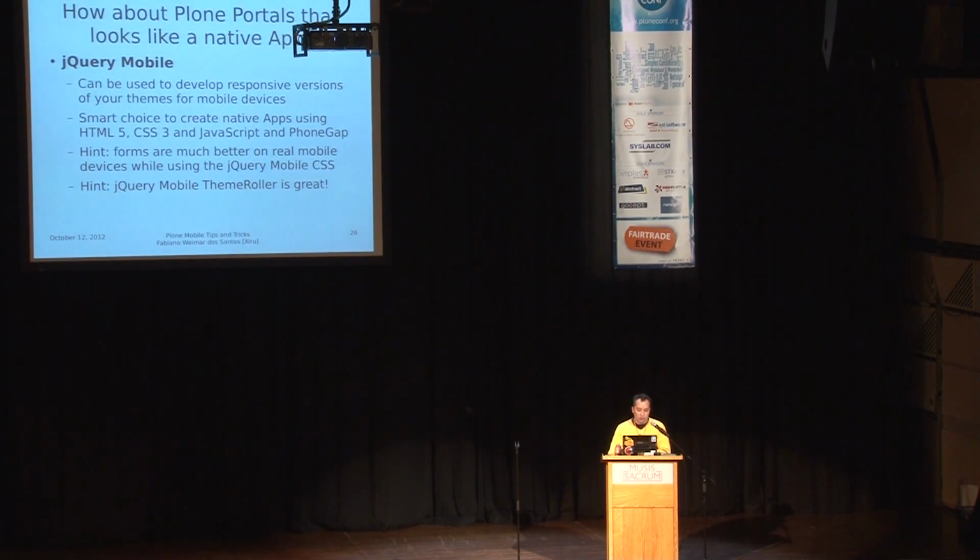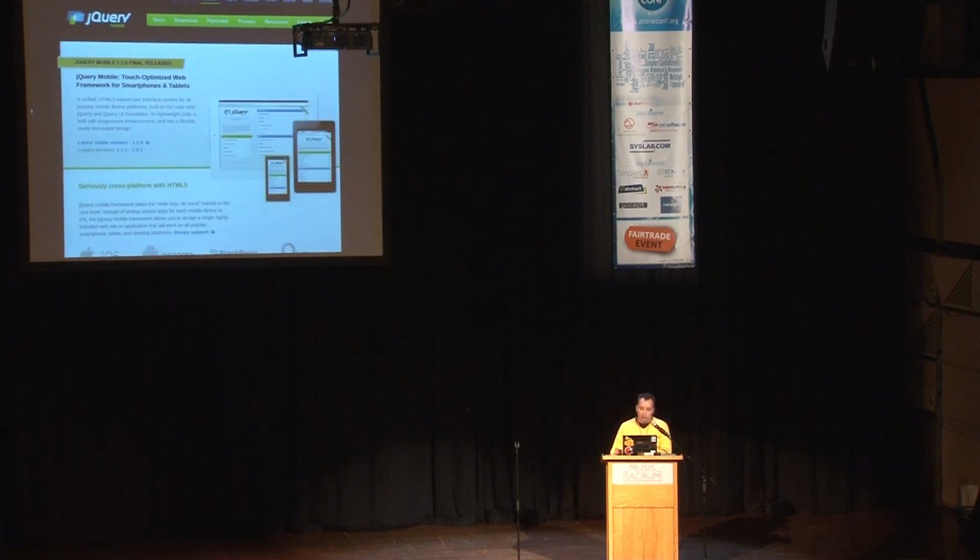So my tip for you is to take a look at something called jQuery Mobile. jQuery Mobile is this. It's a project that was created by the same creators of jQuery, and it's something that will help you to create applications with the very same controls that Android and iPhone usually have, for navigation, for lists, for forms, and so on.